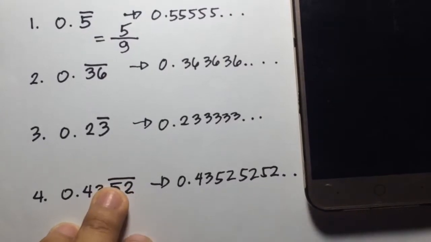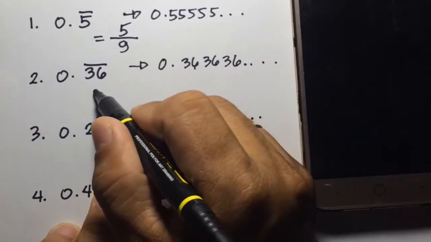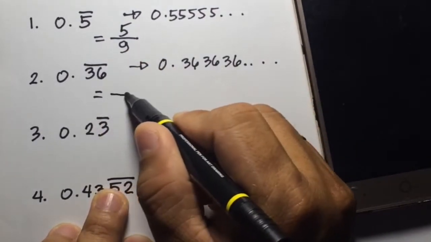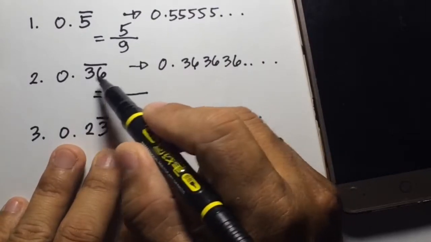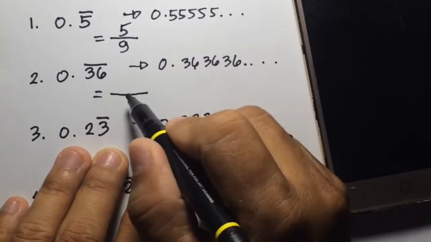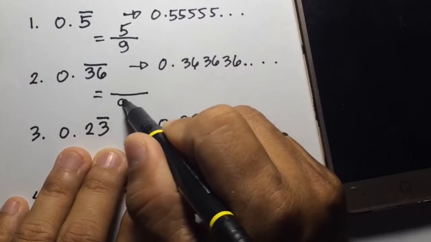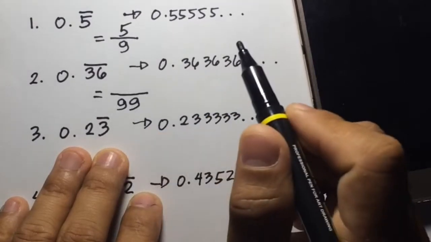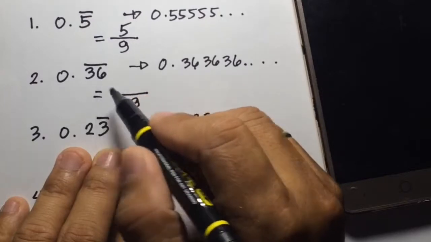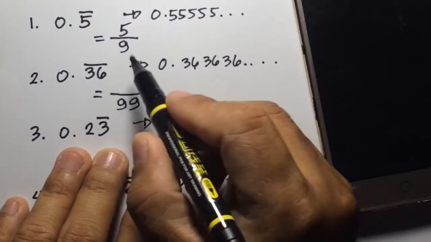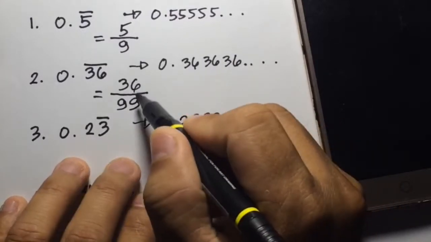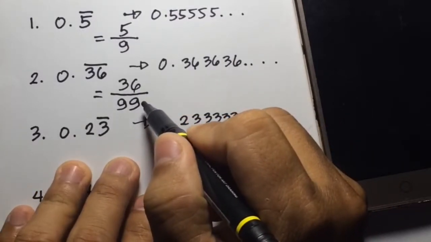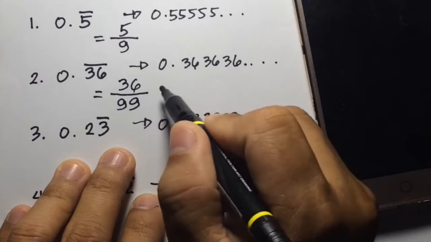Again, we're going to use the procedure. We're going to have a division bar here. Then there are two numbers being repeated, so we're going to have two 9s, 99. Then we write the number as the numerator, so this is 36 over 99. Then simplify this one.